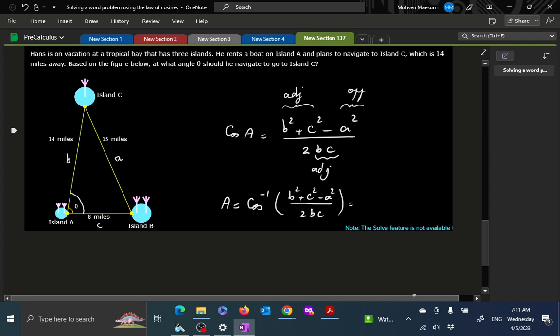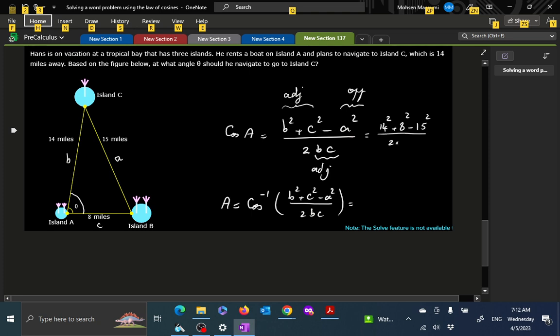So in this case, let's enter this on the calculator. Putting the numbers here, you have 14 squared plus 8 squared minus 15 squared, divided by twice b and c. That's 14, and c is 8. Another possible cause of error in these problems is on your calculator.